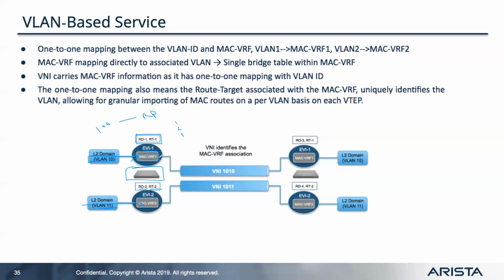Because as we discussed, when you send this packet combining RD and RT value, let's say this is MAC A, and when you receive on this VTEP that route information in the EVPN table for MAC A, what is the information? MAC A with RD value, which is 1 in this case, and RT value 1. So you receive this route on this VTEP. Now you have to install this MAC into your MAC table.